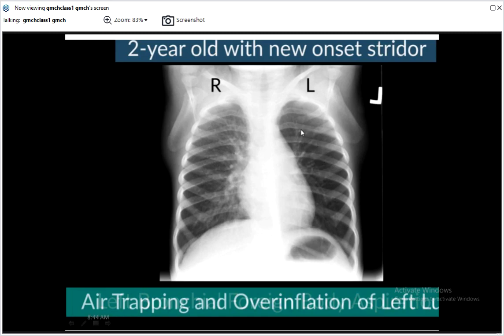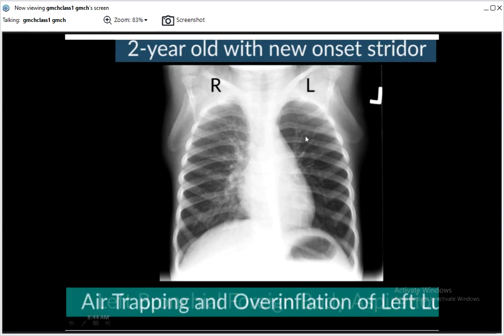So there is unilateral hyperinflation on the left side. Okay. So what can explain this pathology? There is some compression on the left main bronchus or the branches of the bronchus because of something. It could be some external compression like some lymph nodes or muscles, or a foreign body, which has led to the air trapping and the hyperexpansion of the lungs on that side.